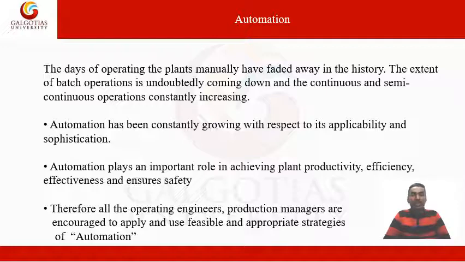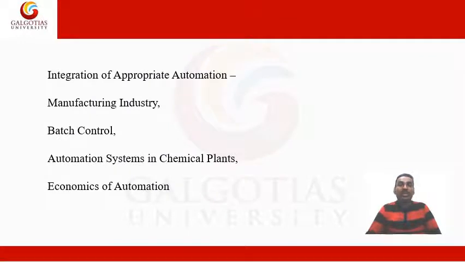It plays an important role in achieving plant productivity, efficiency and effectiveness, and ensuring safety. The operating engineers and production managers all use this software to make appropriate automation strategies feasible. Automation is one of the most important things used in the chemical application field.